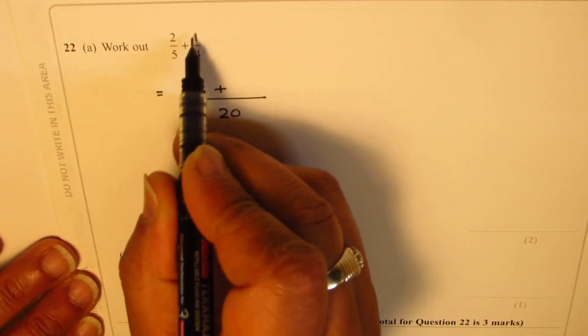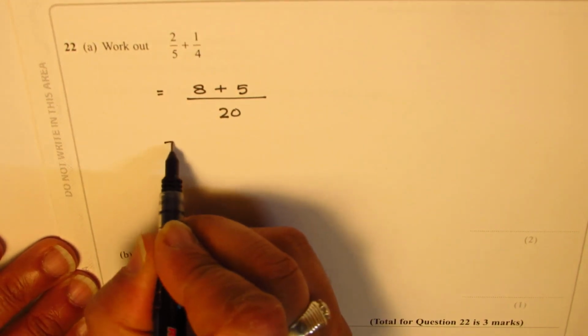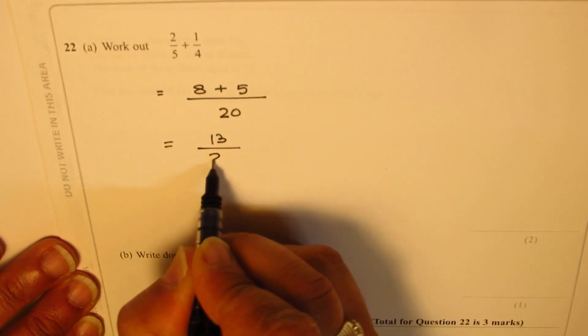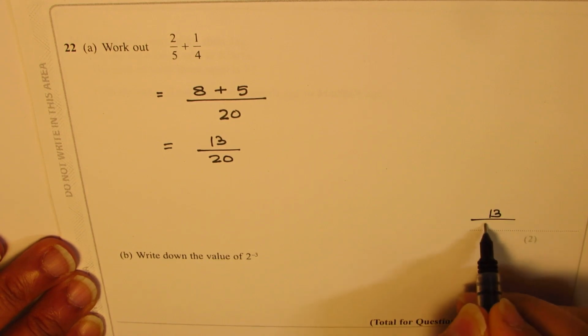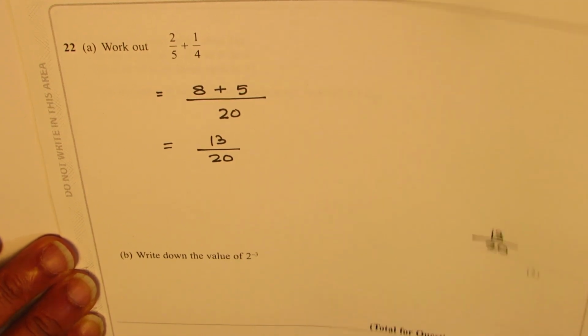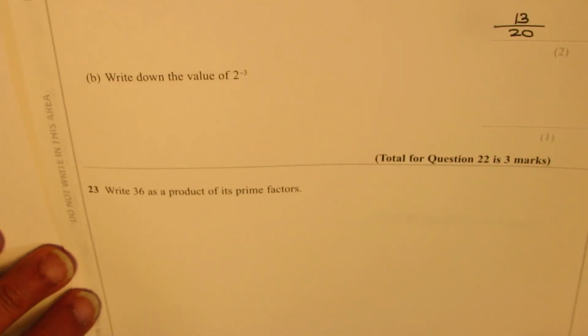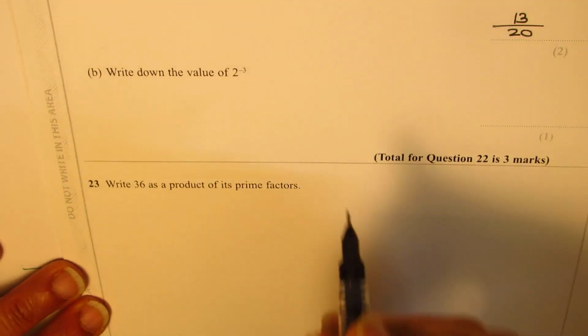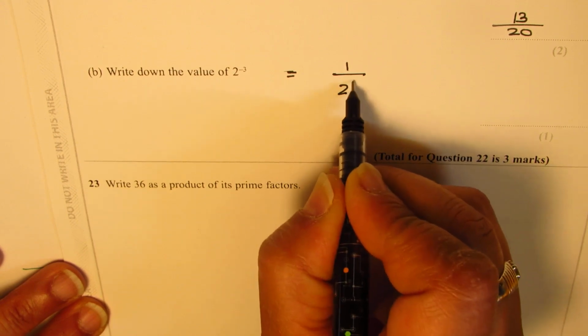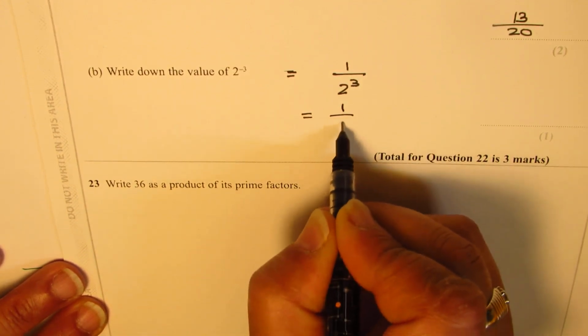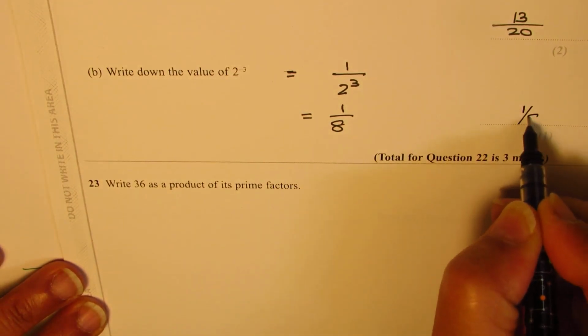So 8 plus 5, and what we get here is 13 over 20. We can write this in the space provided. Next is: write down the value of 2 to the power of minus 3. So 2 to the power of minus 3 will be 1 over 2 cubed, which is 1 over 8. So that is our answer.